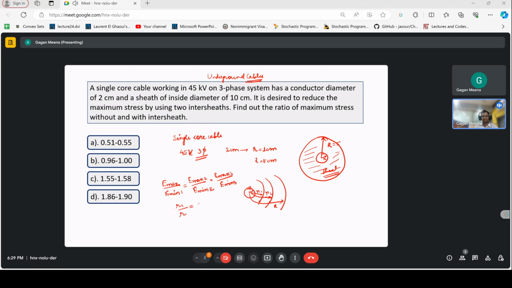How much will be alpha? It will be cube root of R by r. So it will be cube root of 5, and it comes out to be 1.71 centimeters. So from here we can find out R1 and R2 also, because r is known.